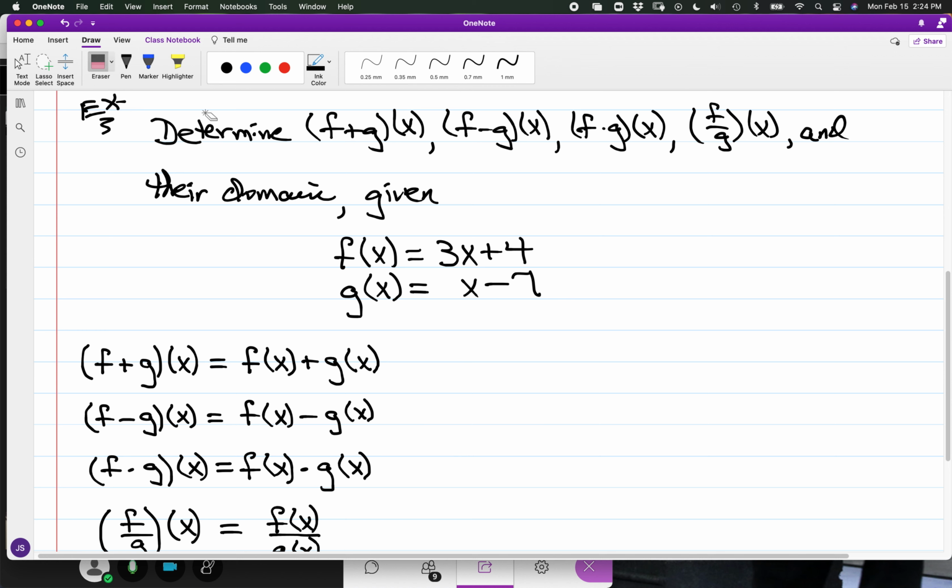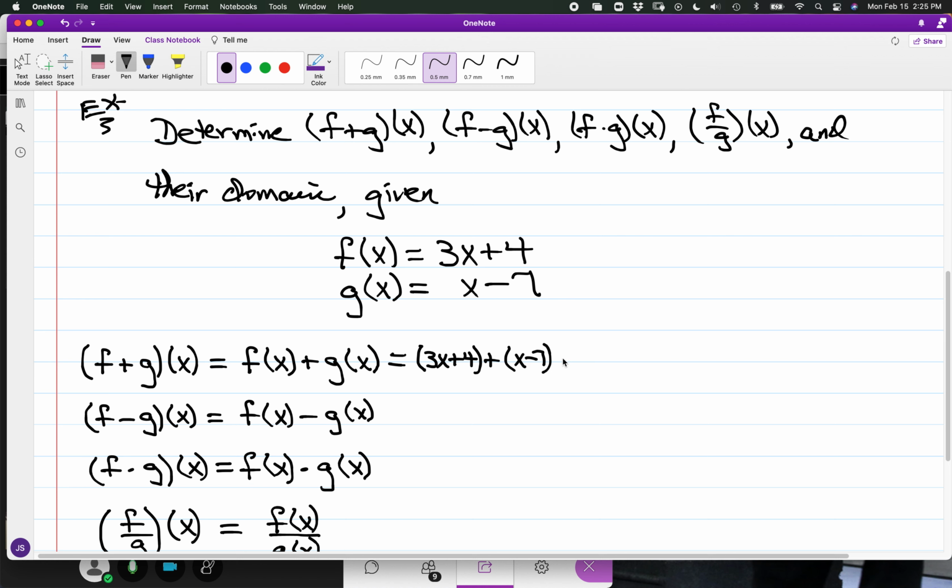I'm just using the algorithms as a kind of backdrop. So with f plus g of x, we have f of x plus g of x, and then specifying, f of x is 3x plus 4 and g of x is x minus 7.